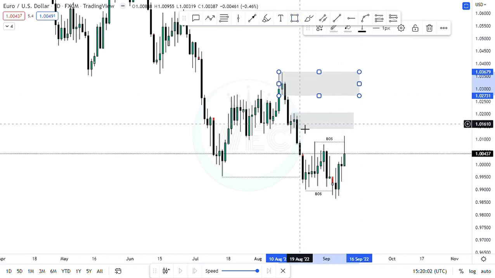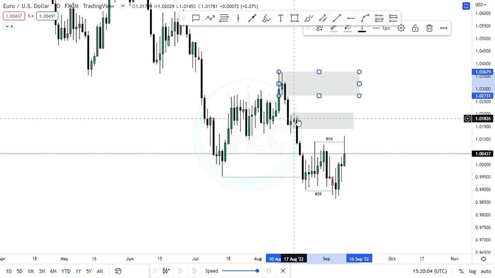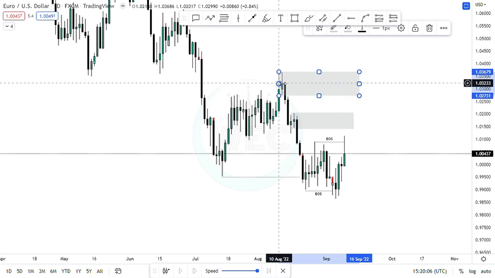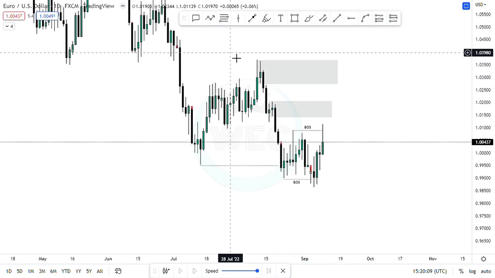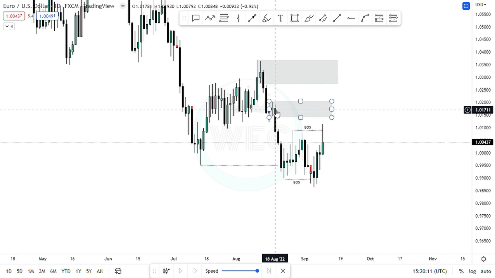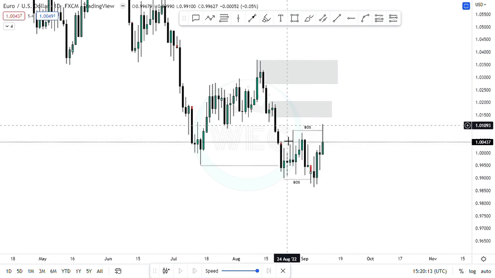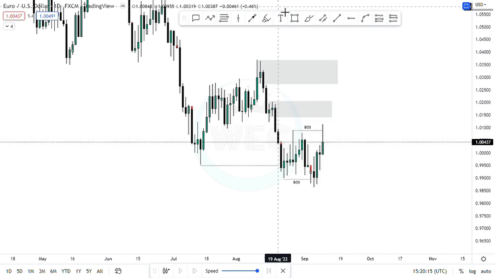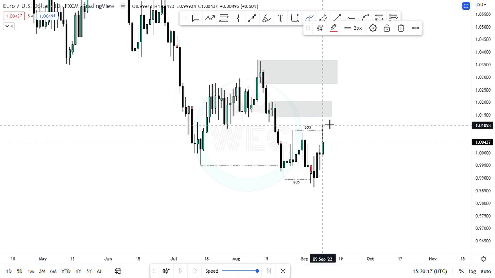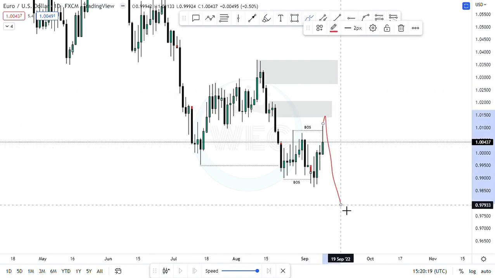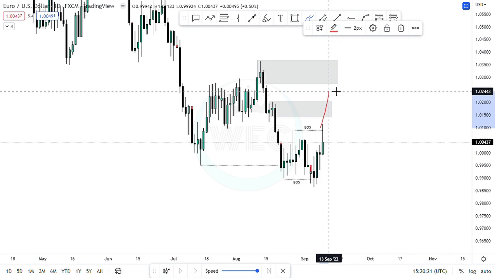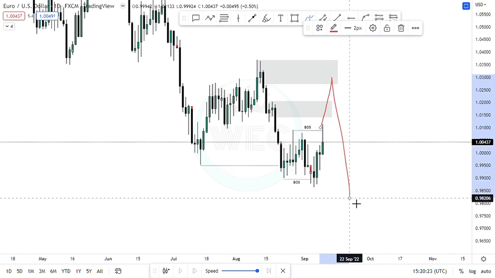The first one is a decisional supply zone, and the top one is an origin supply zone. Personally, what I'm seeing is I think the daily has made this BOS probably to get into any of the supply zones before we sell back down, either the top one or the one below.